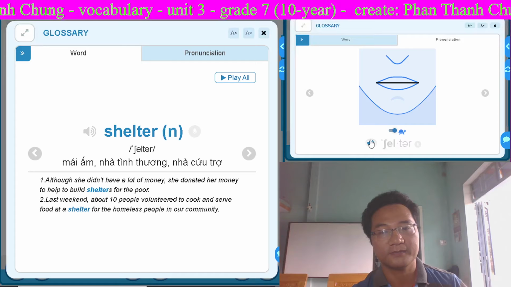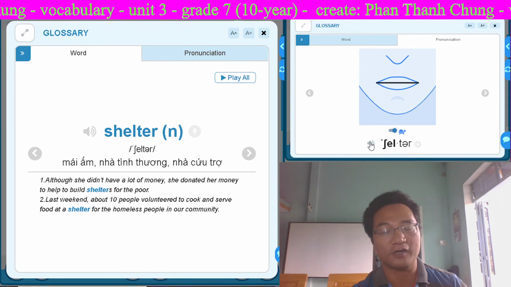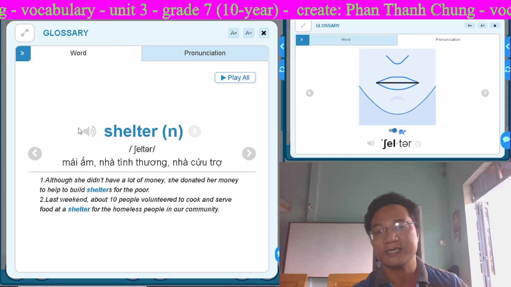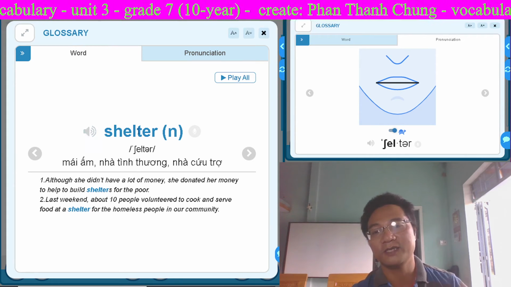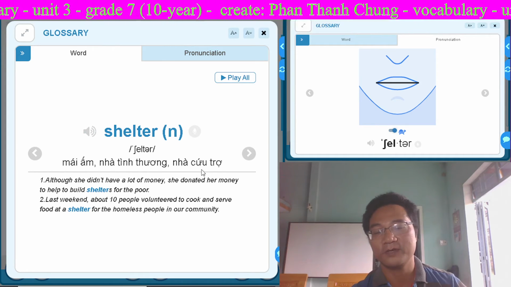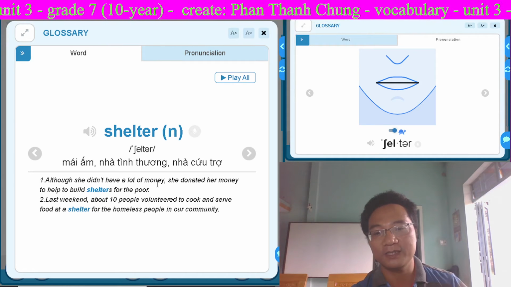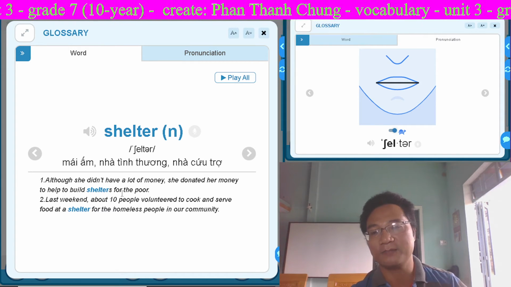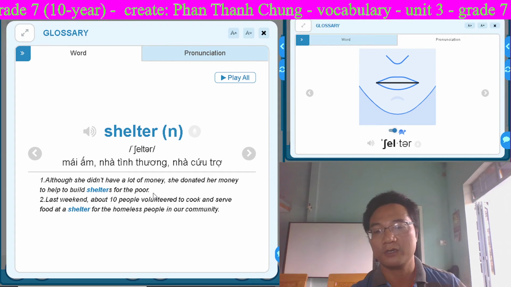Listen. Shelter. Shelter is the noun. Mái ấm, nhà tình thương, nhà cứu trợ. For example, although she didn't have a lot of money, she donated her money to help to build shelters for the poor.